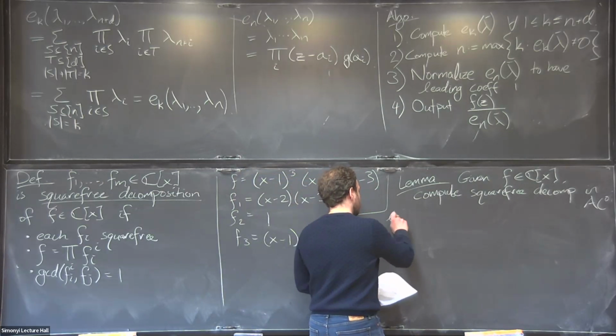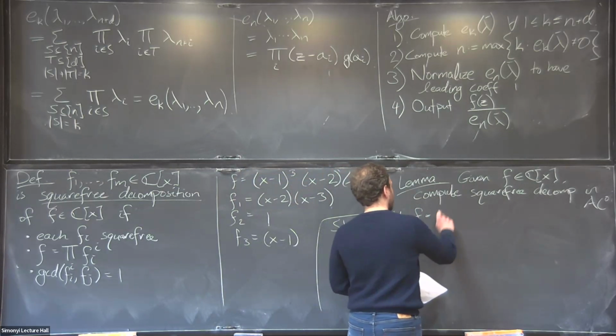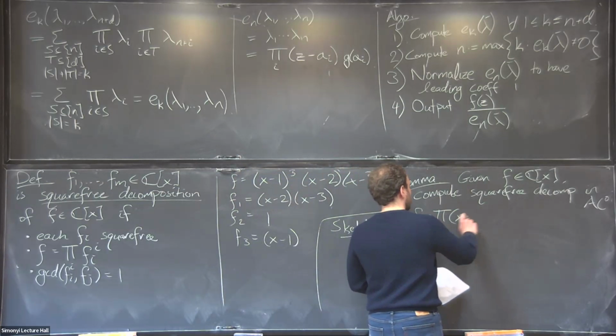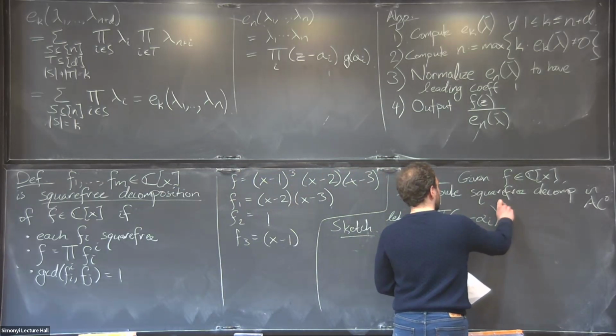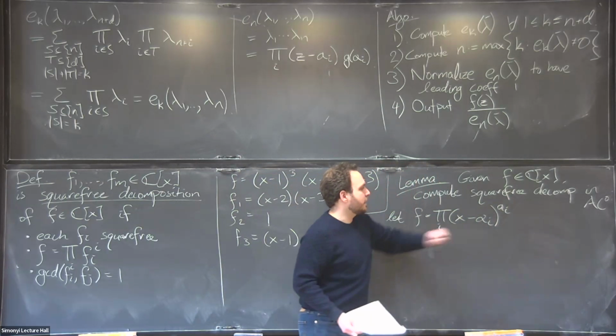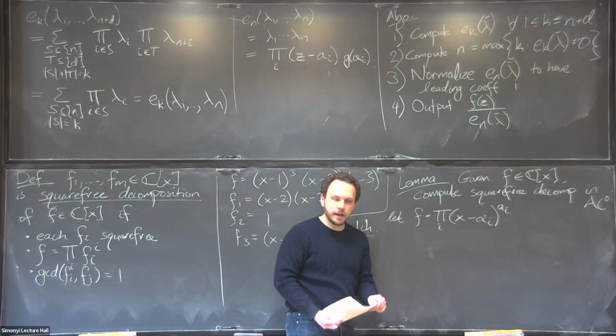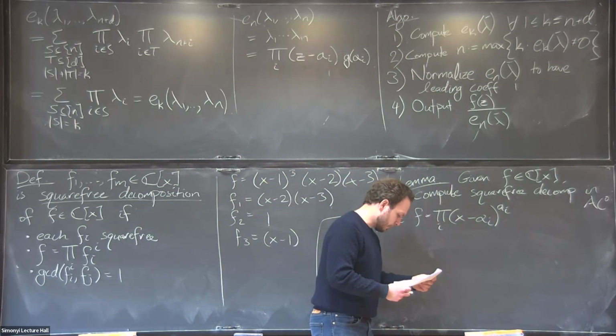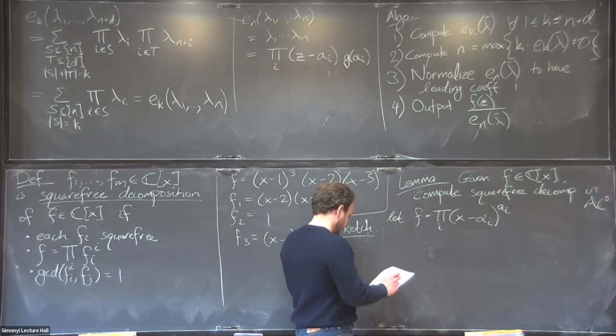So let's write f as its factorization. Here, the factor x minus alpha_i has some multiplicity a_i. This is some natural number. And here's what I'm going to do.